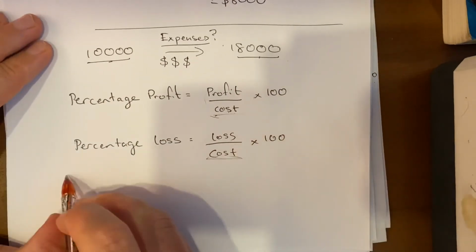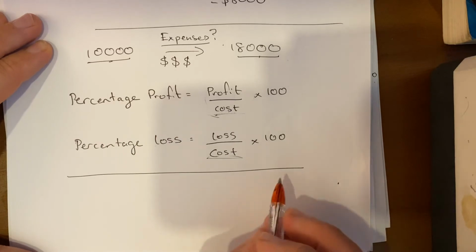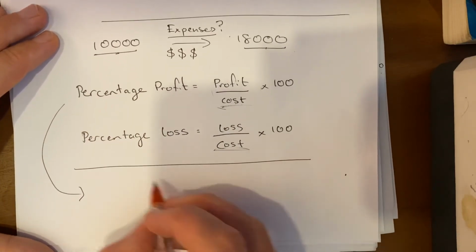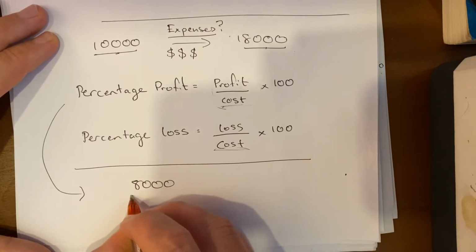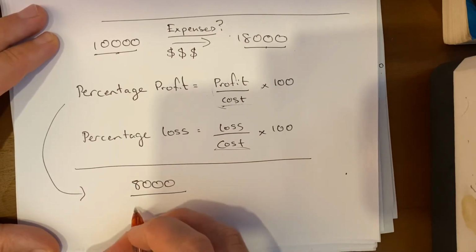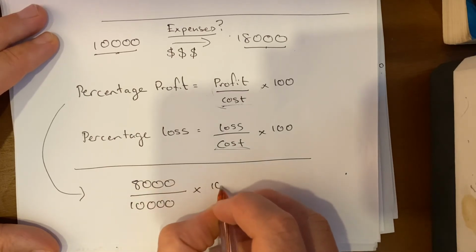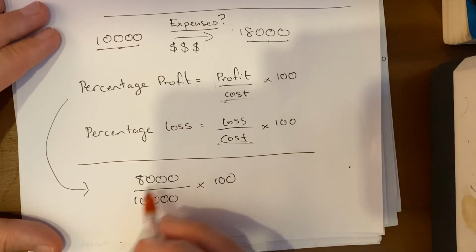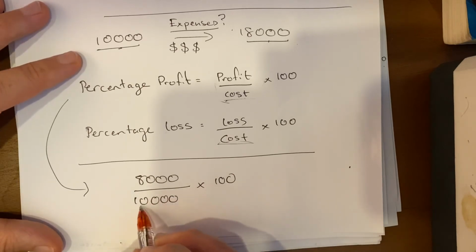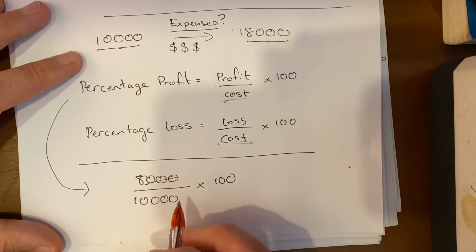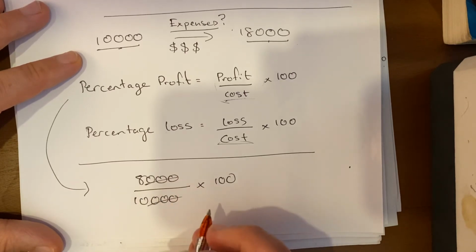Okay, so what was his profit off me? Well, his percentage profit will be the amount of profit, which is 8,000, divided by the cost price, which was 10,000, and multiplied by 100. You can do this on a calculator if you wish, but we can also divide the top by 1,000, we're left with 8, and divide the bottom by 1,000, we're left with 10.